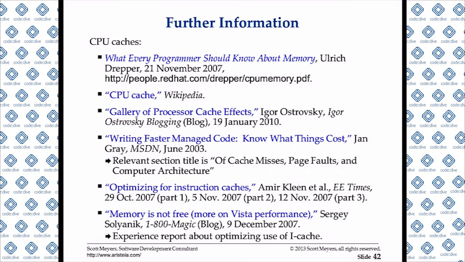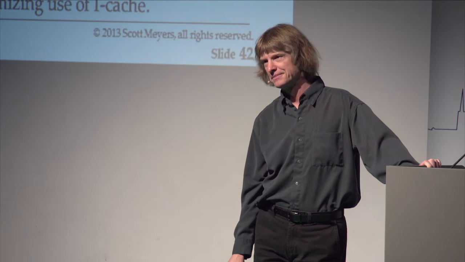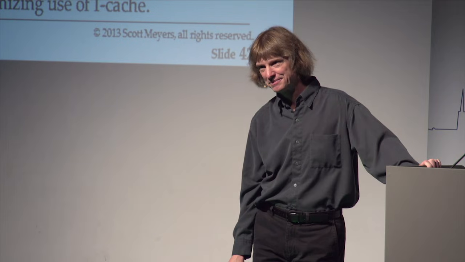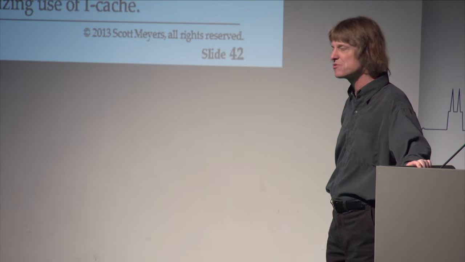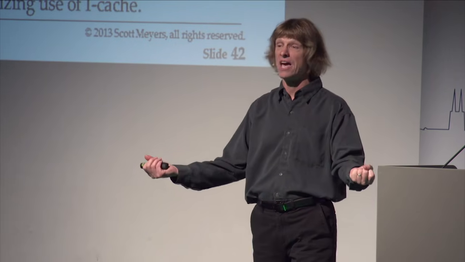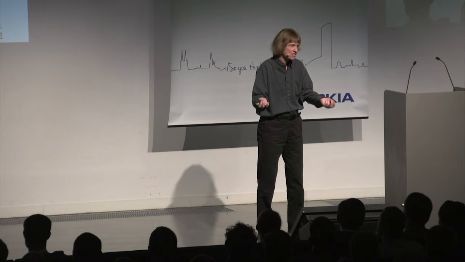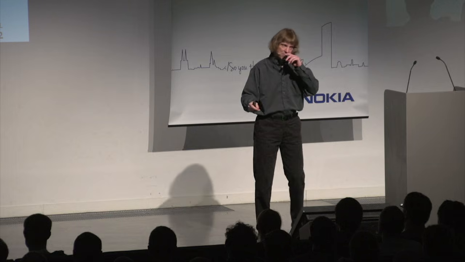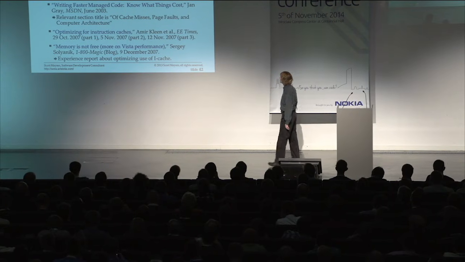Now, when it says what every programmer should know about memory, I'm not sold. He starts with transistors. I skipped that part. I wanted to do something a little bit more abstract, but if you want to know how caches work, how cache lines get invalidated, what's the exact protocol, how long does it take, how do you write experiments, that's what you want. It is what every programmer should know about memory.